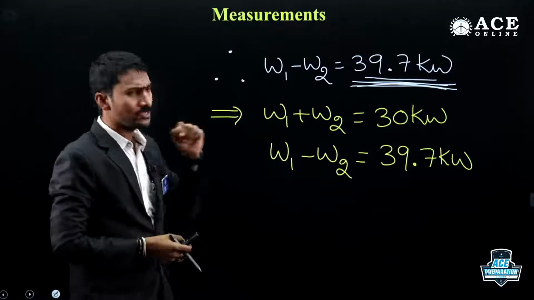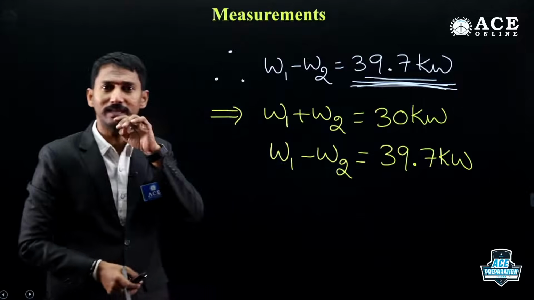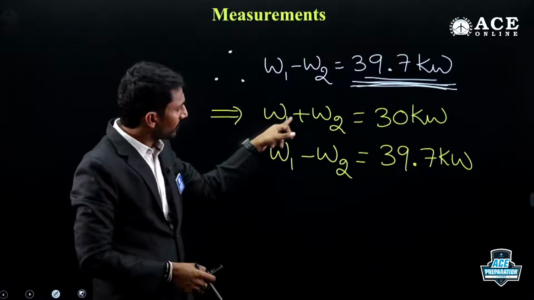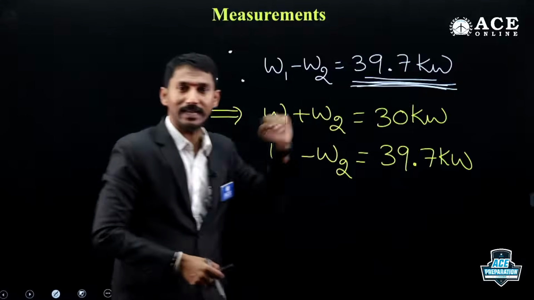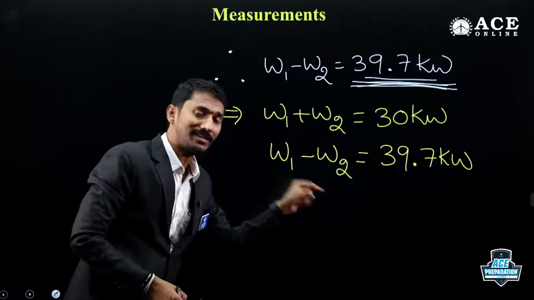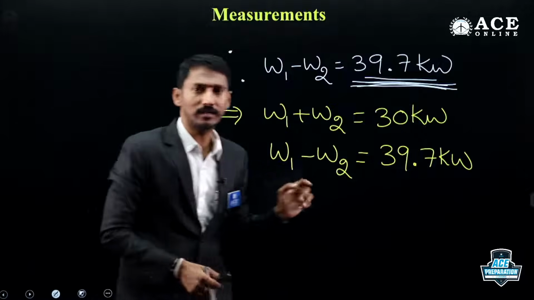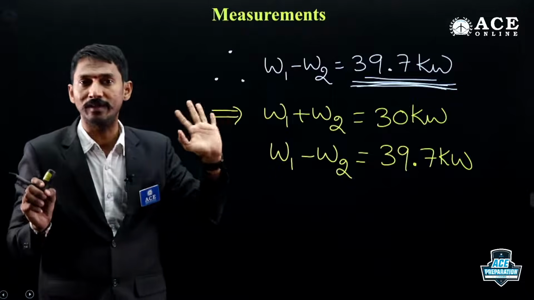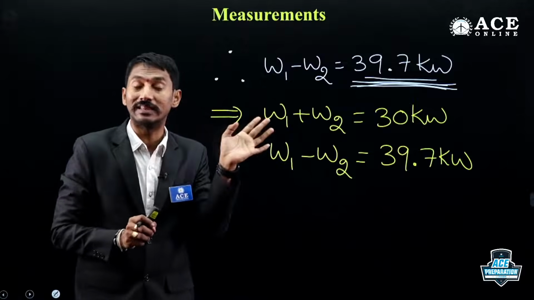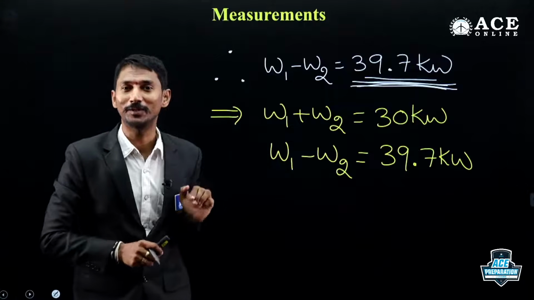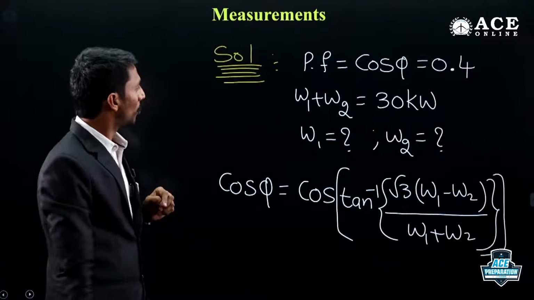Again, I'm giving one more conceptual point. Sir, answer is wrong, procedure is wrong, people are saying like this. Why? If you are adding the 2 wattmeter readings, 30 is there. If you are subtracting, it is more than 30, so something went wrong. No, everything is correct only. How? Go to the question.